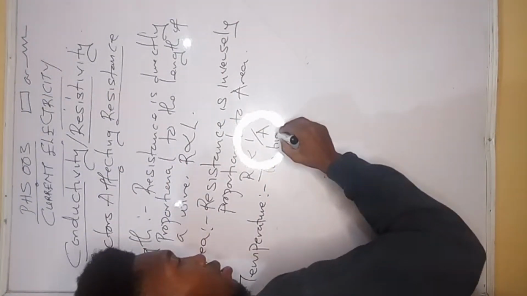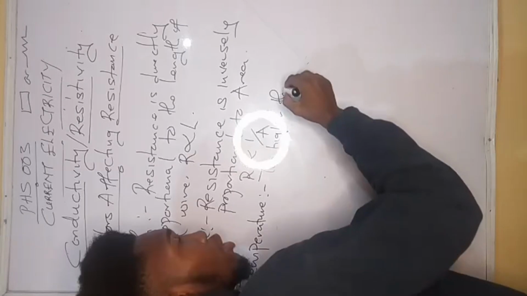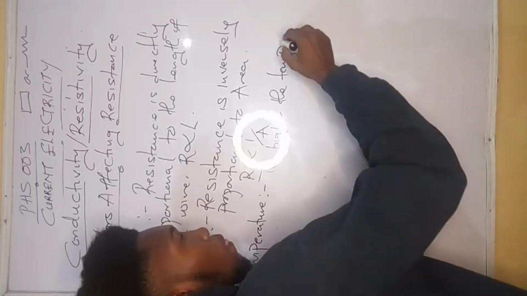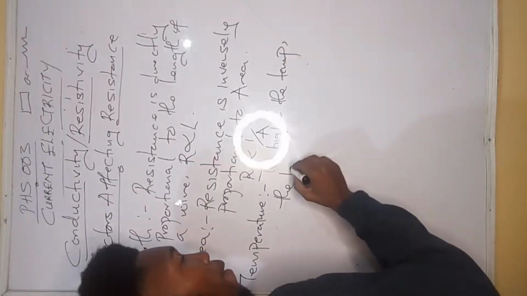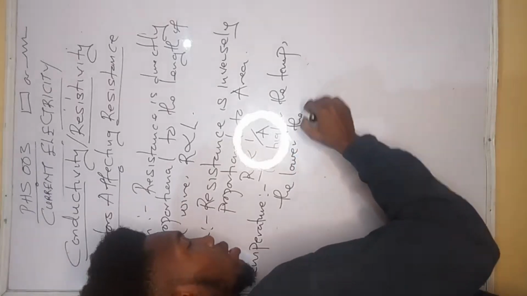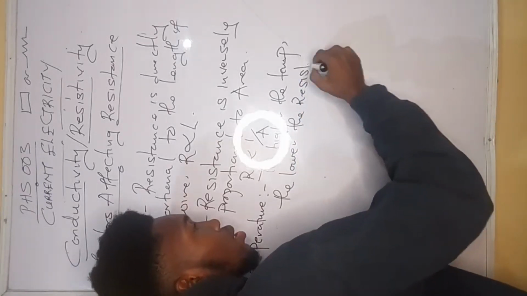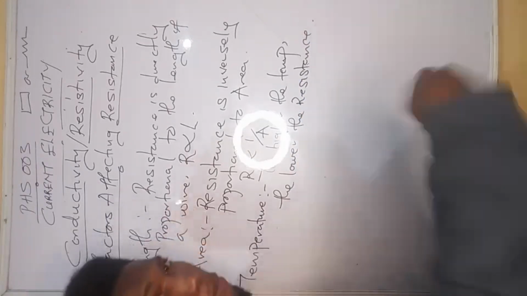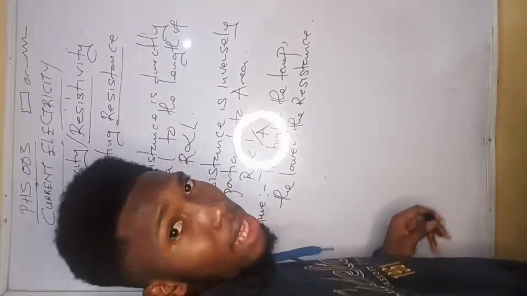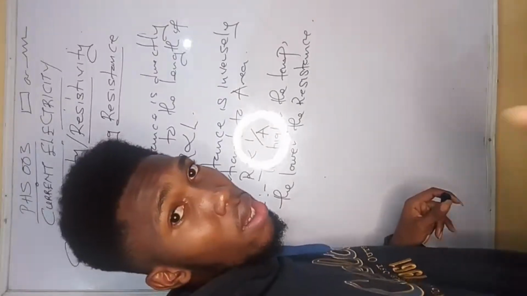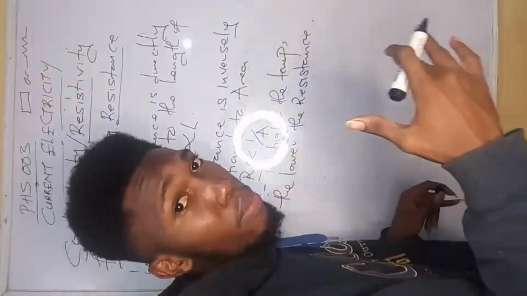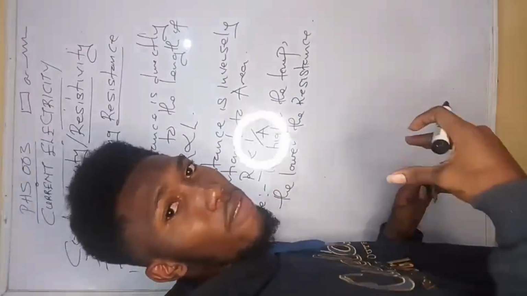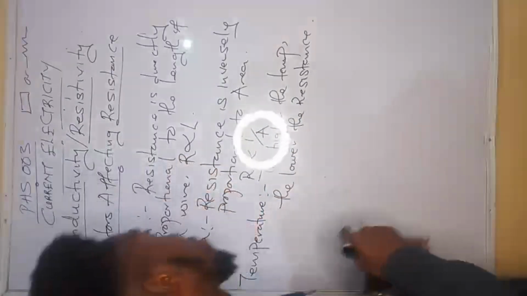The higher the temperature, the lower the resistance, because we already know that current flows more at higher temperature. I said that already when we were dealing with semiconductors. They have more conductive ability where their temperature is high.